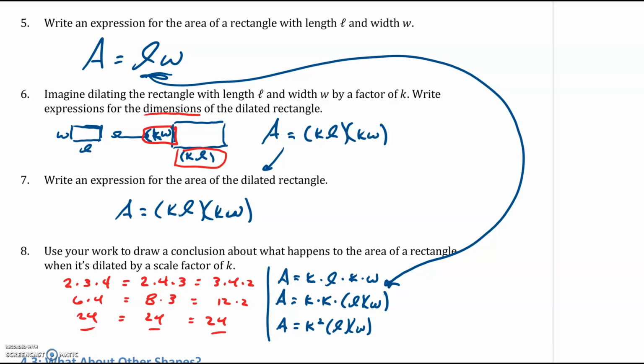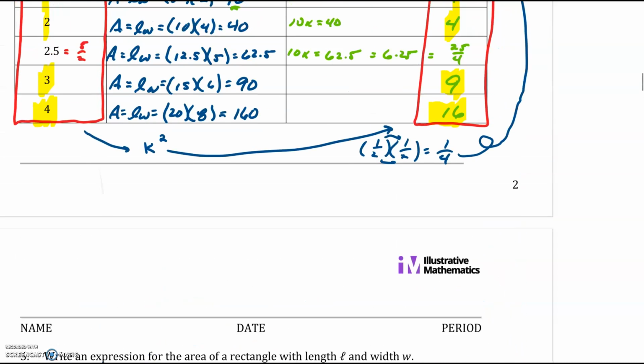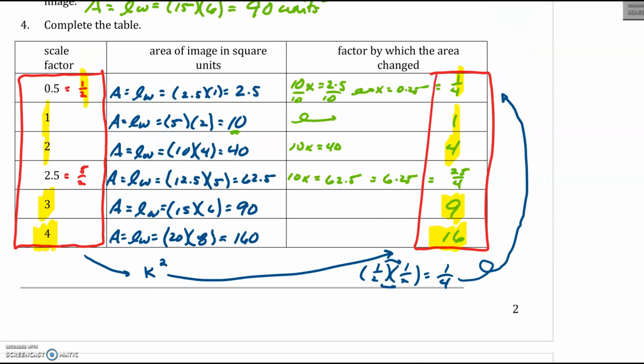So think about what we did in our table in the last video, and notice we just took this K value, this scale factor that was in this column on the left. We took that scale factor, we squared it, and then that was how much bigger my area was getting.